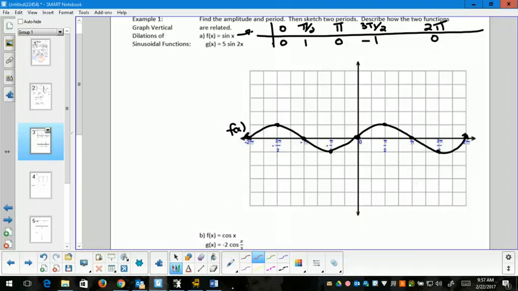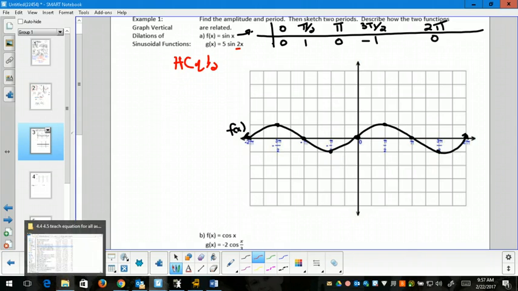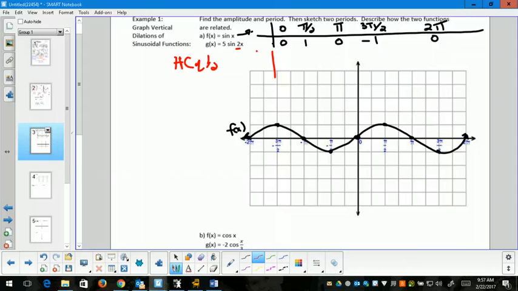Now, what does this 2 represent? A horizontal compression of 1/2. So every one of my x coordinates, I'm going to multiply by 1/2, or divide by 2. So for my new x coordinates for g of x, that stays 0, but this becomes pi over 4 instead of pi over 2.